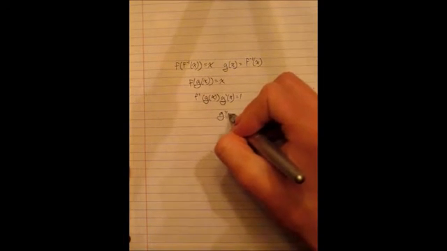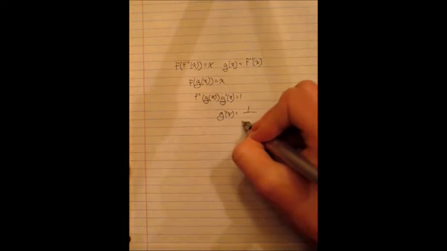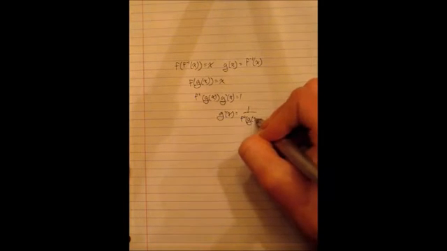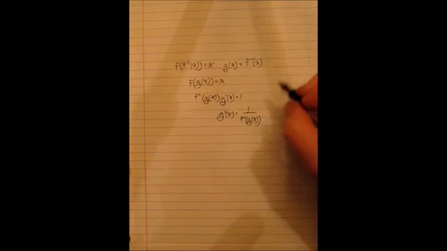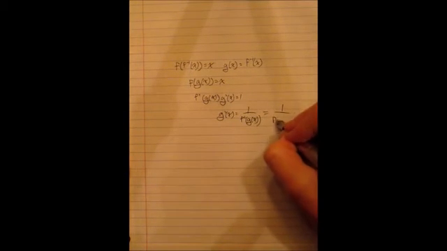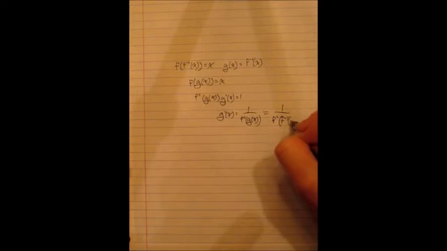Therefore, g prime of x equals 1 over f prime of g of x. Once we substitute the inverse function back into the equation, we find that the derivative of an inverse function is equal to 1 over f prime of f inverse of x.